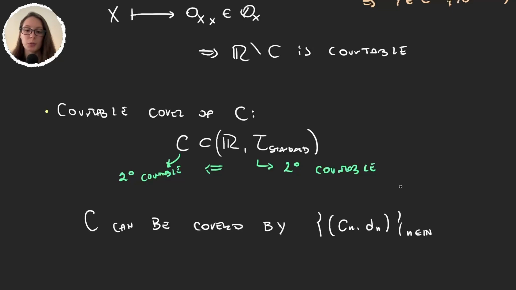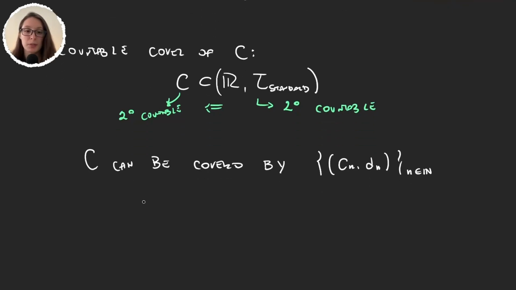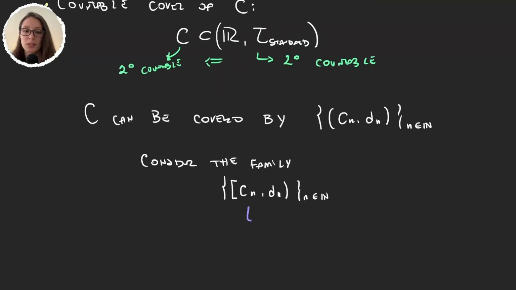And so all we have to do is now consider the family of intervals with the closed left extreme and open on the right. Now this family will give us a countable covering of C in RL.